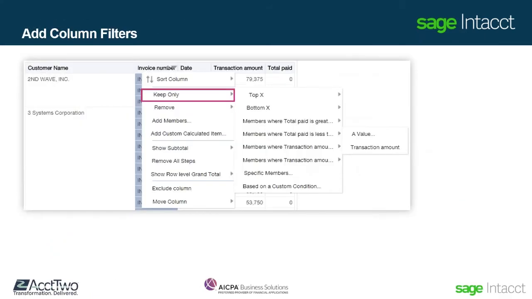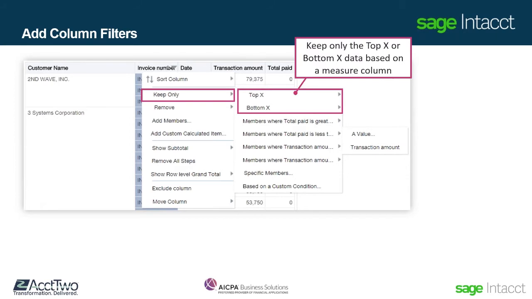Now, as I go through the next few slides, I'm going to talk to you about the functionality, and then I'm going to show you the result of that functionality. So talking about adding column filters, think about a report where you want to have some filters where you're looking at maybe just the top 5 or the bottom 5 of a list of information that you put some rules around. So here what we're saying is we can filter this down to say just look at the top X, that could be 5, it could be 10, whatever number that is, or the bottom based on a measure.